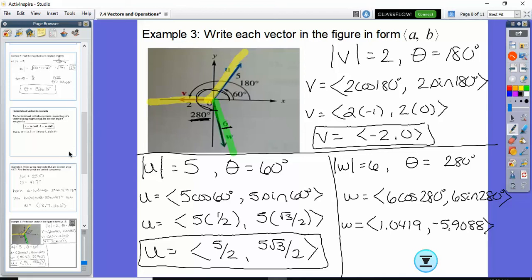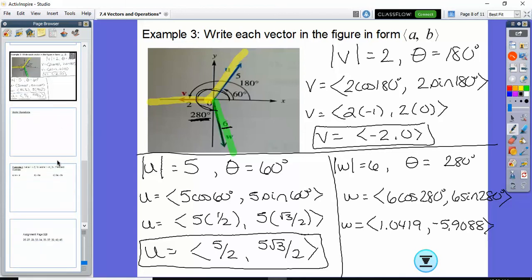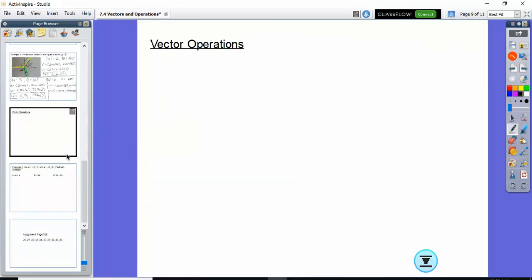Last thing I want to talk about are some operations with vectors. So, with vectors, we can add and subtract just like normal. If I have vector AB plus vector CD, it does what you think.